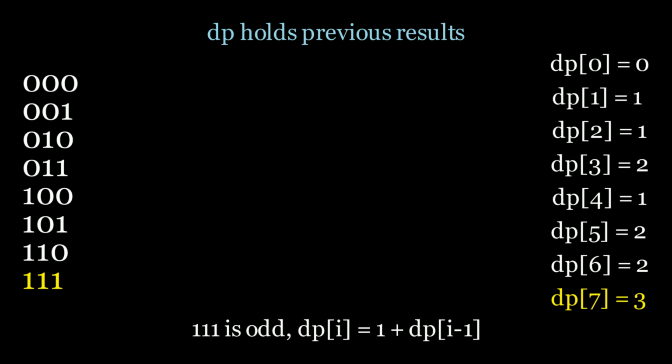And we're done with the algorithm. Our dp array is actually the result array that we're going to return at the end of the algorithm. It stores the amount of 1s for every single number. And this algorithm runs in O of n time because we iterate through all the numbers from 0 to n. And it has O of n space complexity because we store the results of all the previous numbers.